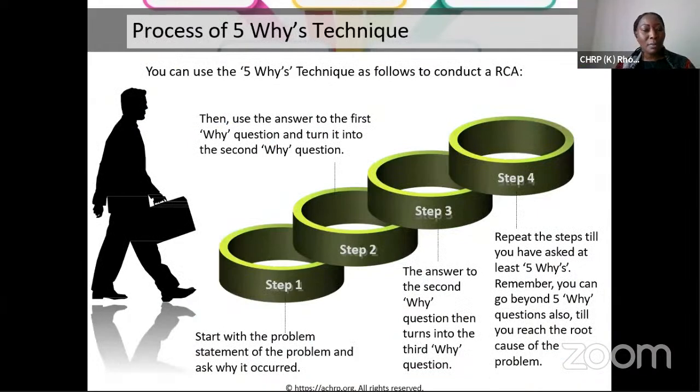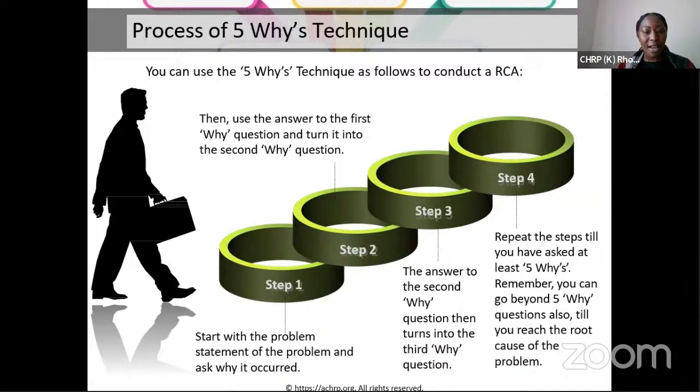So let's look at the process. It's what we have explained, the 5 steps. The first one, we say, start with the problem statement. And we say this is very critical. The first and the last stages are very critical, because if you don't define your problem properly, you're likely to misdiagnose, and we are not able to reach the root cause.